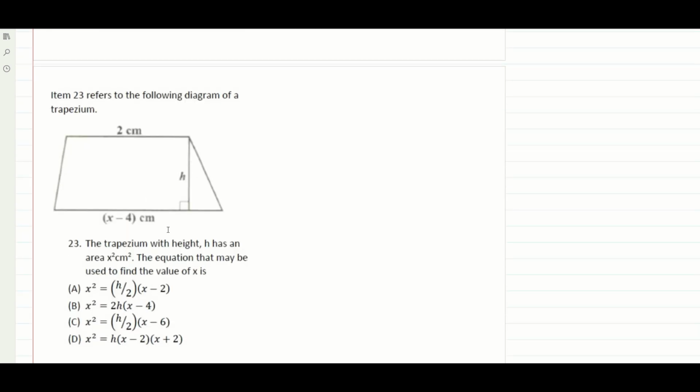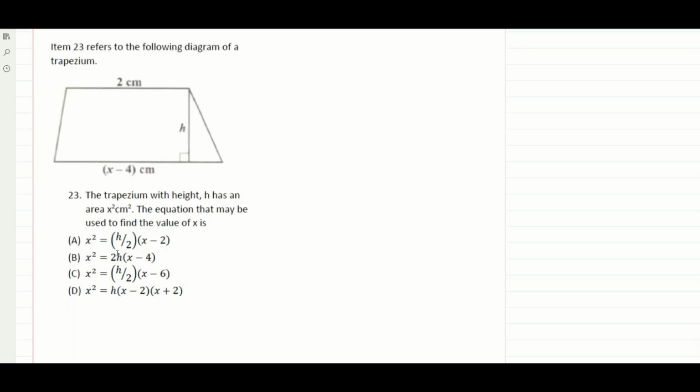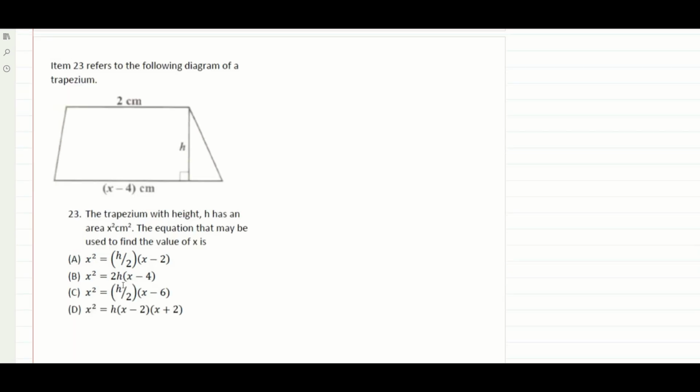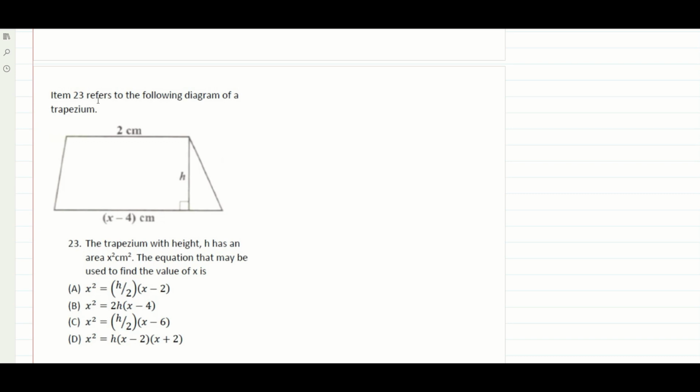Right, this question I think we did already, and I think the answer was, let's do it. Item 23 refers to the following diagram of a trapezium, right? So we have two sides. The trapezium has a height h, and has an area of x squared cm squared.